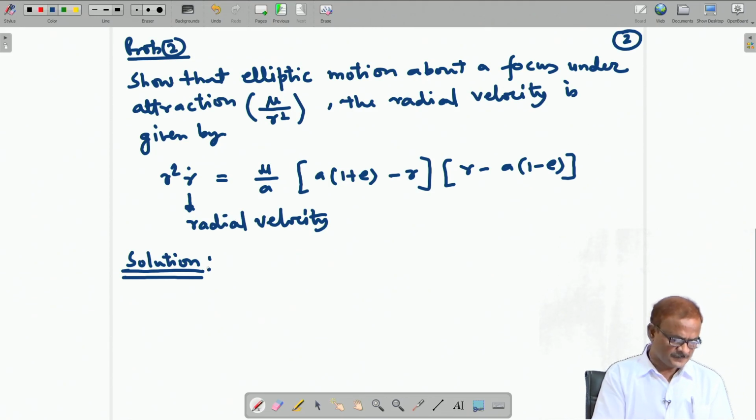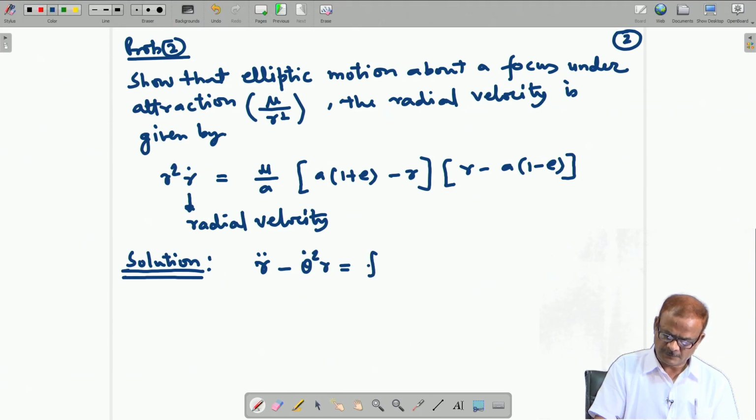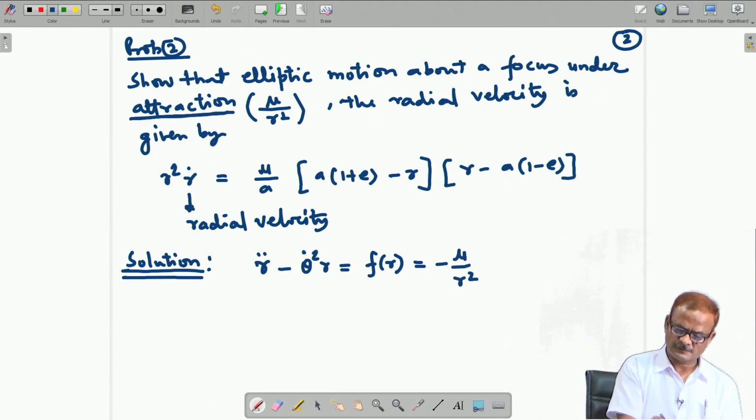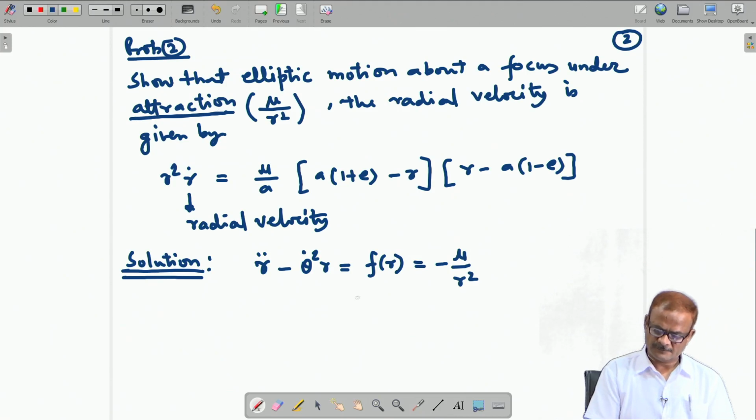So, we start with the same condition we have got: r double dot minus theta dot square r equal to f(r), which in this case is given to be minus mu by r square, because this is attraction. Attraction means it is directed toward the center, and therefore a minus sign will come.